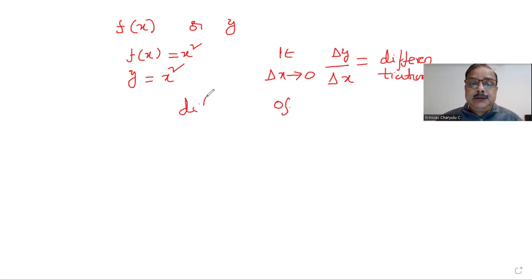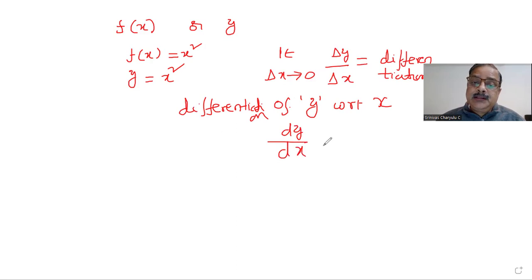Differentiation of y with respect to x. The meaning of delta y by delta x is differentiation of y with respect to x. This is represented as dy by dx, or you can also write d by dx of y.